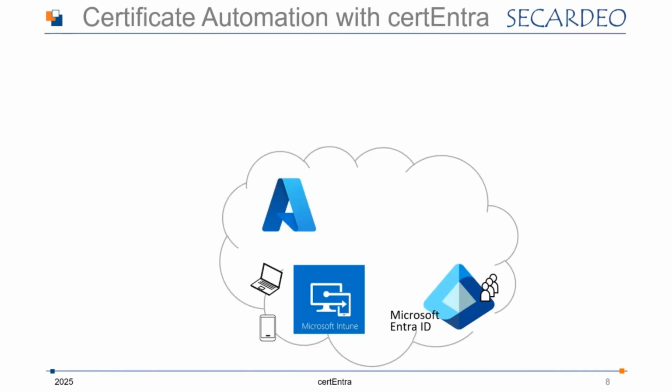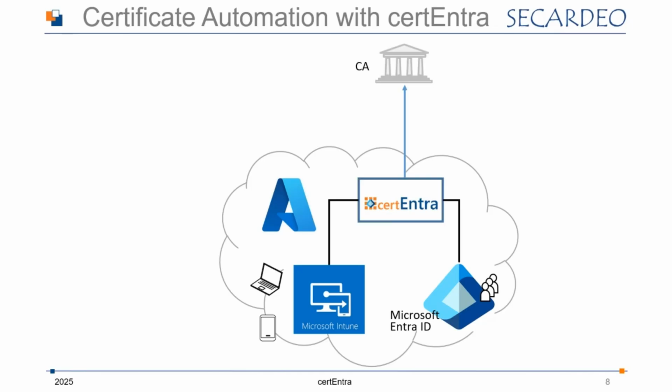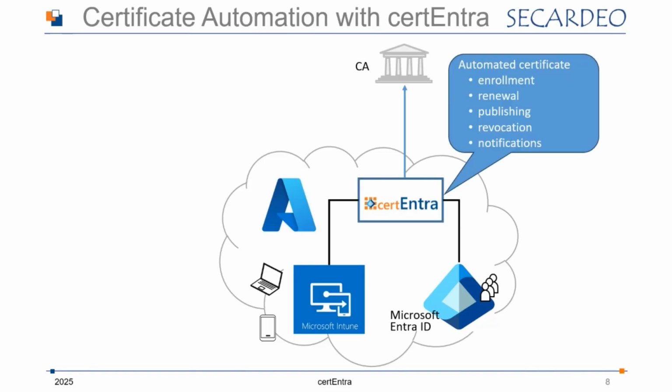certEntra integrates into Azure, Intune, and Entra ID, and it connects with your preferred CA. And the CA will issue the certificates for the Entra ID users. So what certEntra does is the automated enrollment, renewal, publishing, revocation, and notification about digital certificates.